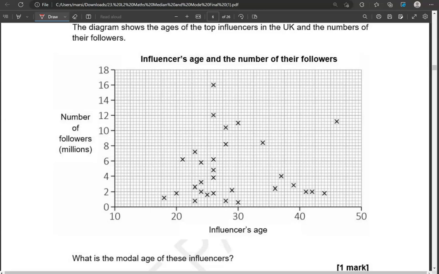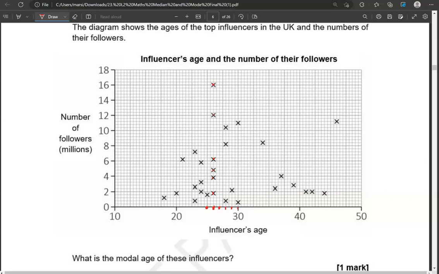Let's look at this one here. So we have 1, 2, 3, 4, 5, 6. What age is that? Here would be 25. So maybe 26. Let's see, does that work out? 26, 27, 28, 29, 30.